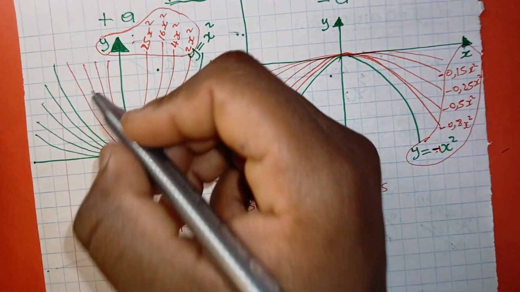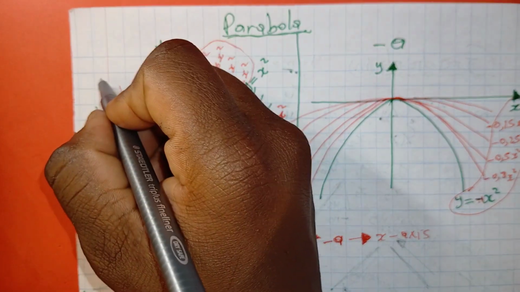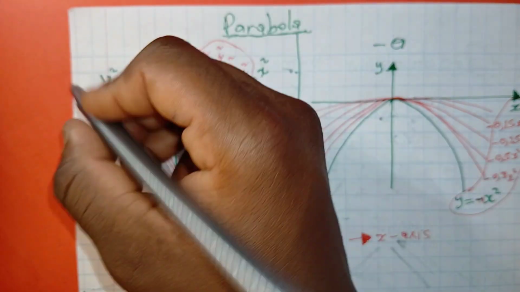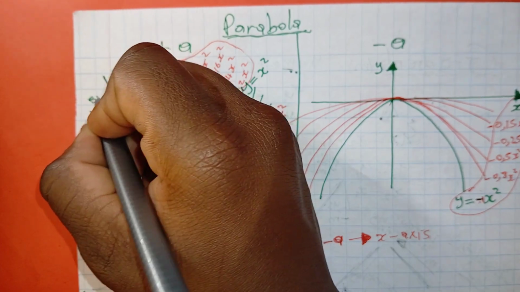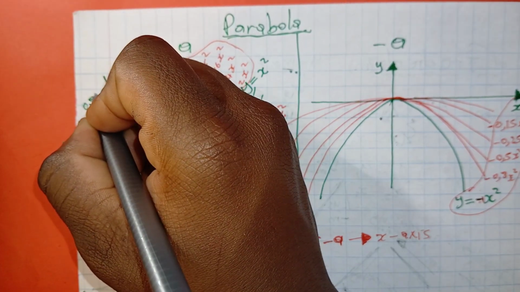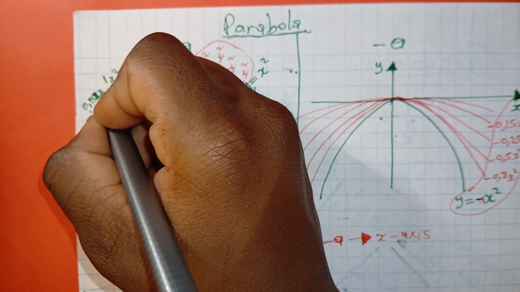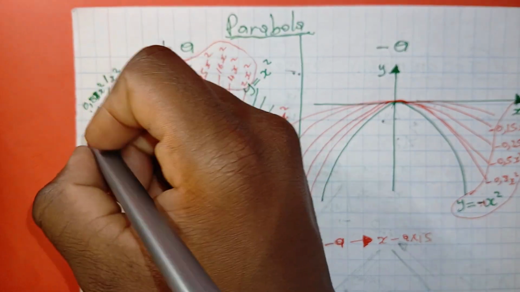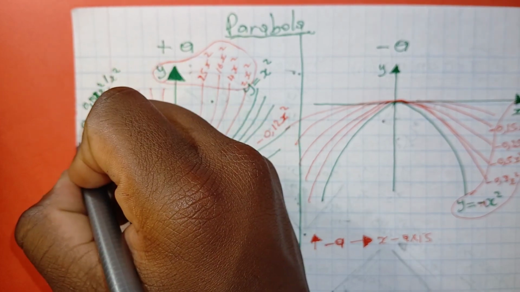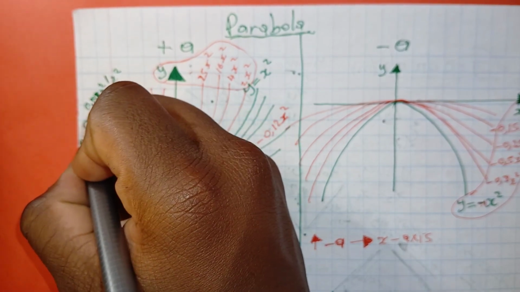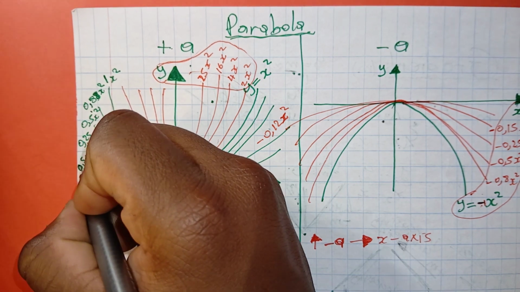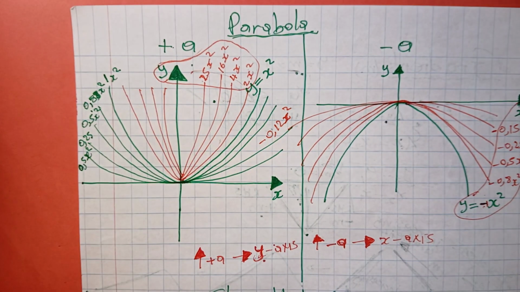As you can see, maybe the gradient goes from 1 to, let's say, 0.8x squared, or it becomes 0.5x squared, or it becomes 0.25, or it becomes like 1/5 x squared.